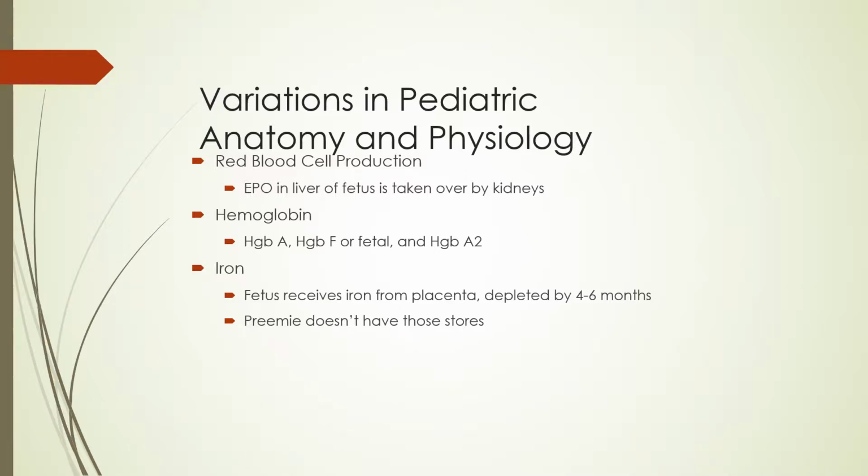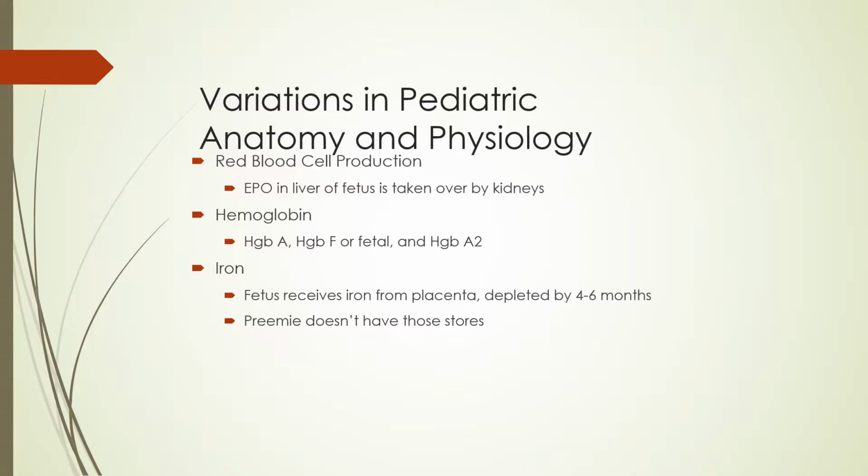Then the iron stores, we get iron as a fetus from our mom's placenta. And by the time we're born and grow to be 4 to 6 months of age, that iron is depleted. And so it is important that infants receive enough iron, either in their breast milk from mom, who should be taking in a sufficient amount of iron to pass that on to her baby, or from iron fortified formulas.